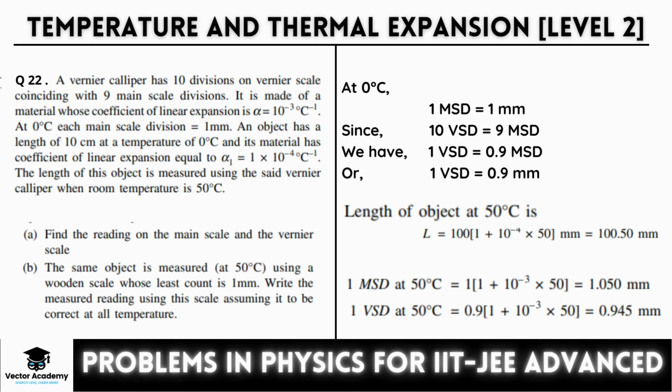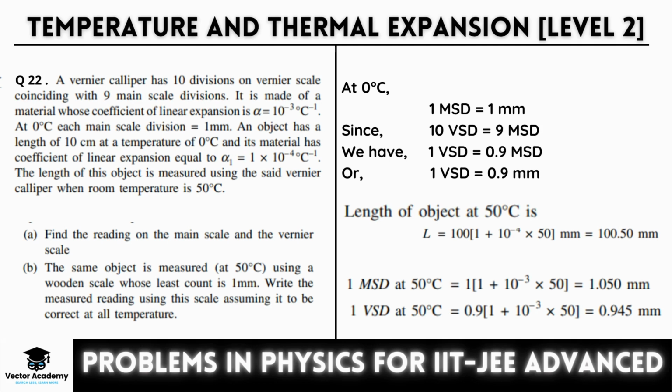At 0 degrees Celsius, 1 main scale division equals 1 mm. Since 10 vernier scale divisions equal 9 main scale divisions, we have 1 vernier scale division equals 0.9 main scale division, or 1 vernier scale division equals 0.9 mm.